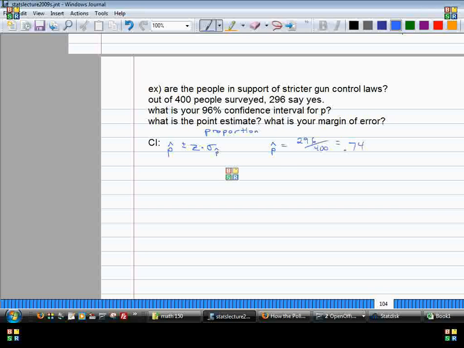Next thing we can find, Albana? Sigma p hat, exactly. So how do we find sigma p hat? So p hat, so 0.74 times 1 minus 0.74 all over what?